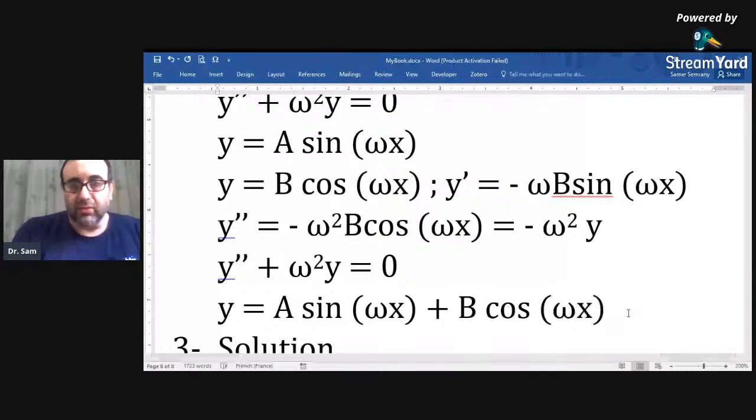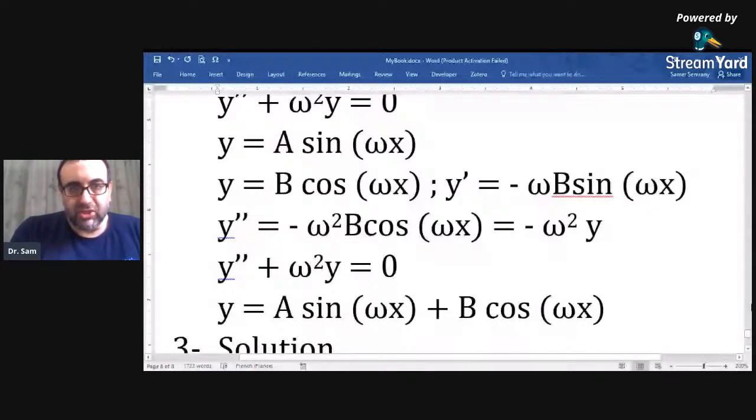That is what we call the linearity of differential equations. If I have two solutions, I can find two particular solutions. The general solution can be written as a linear combination of these two particular solutions.